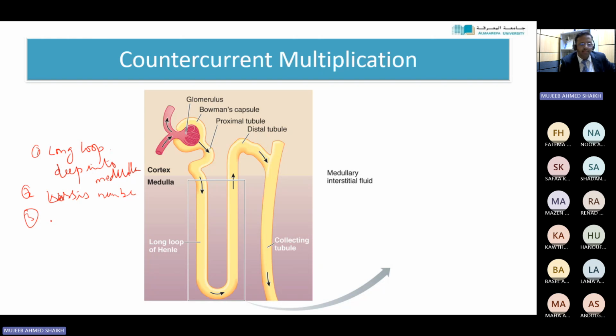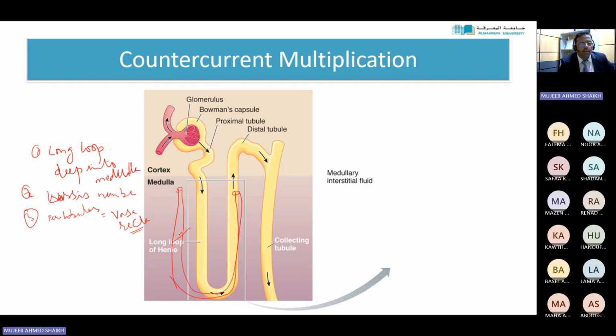And how are the blood vessels arranged in cortical and juxtamedullary nephrons? In the juxtamedullary nephron, the peritubular capillaries are known as straight vessels, the vasa recta.